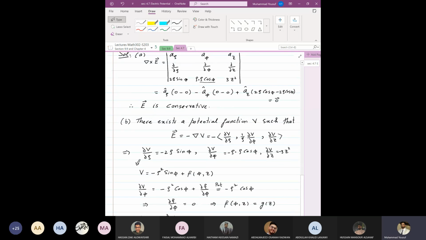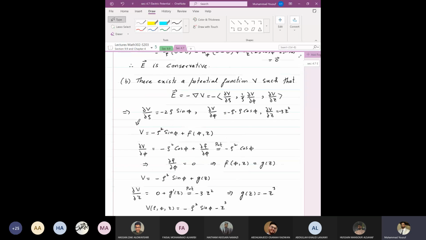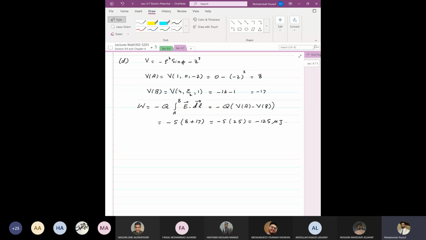And about the work, whether it is negative or positive, it is explained here in this note. And you are electrical engineers, so you know much better than me about these terminologies. Okay, so this is about the same thing. We did one example yesterday using Cartesian coordinates. This example is using cylindrical coordinates.